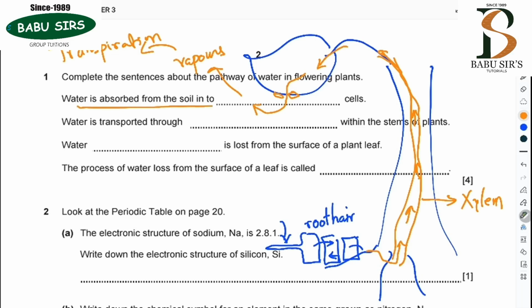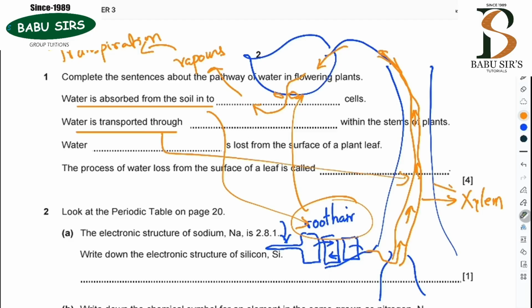Water is absorbed from the soil into the, first is the root hair. So here you will write root hair. Water is transported through, now here you can see it is transported through the xylem.